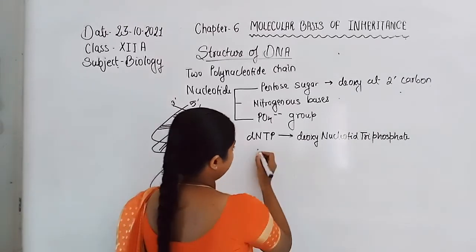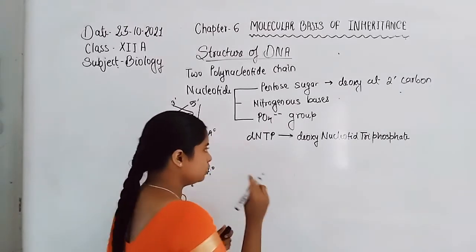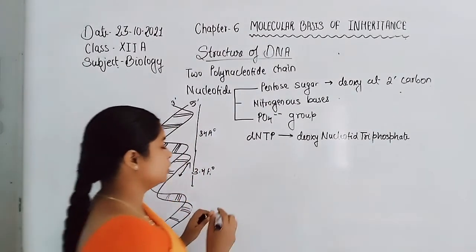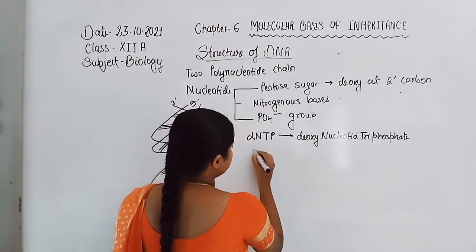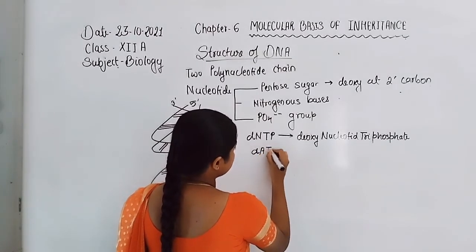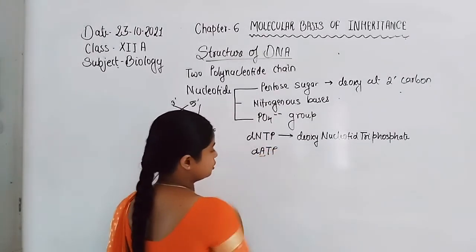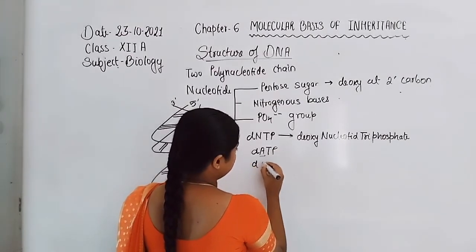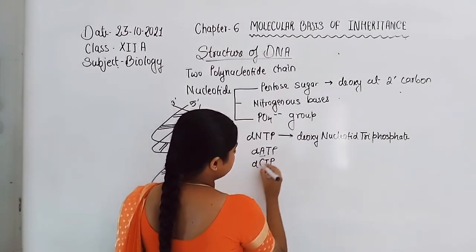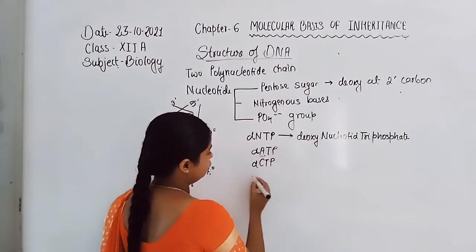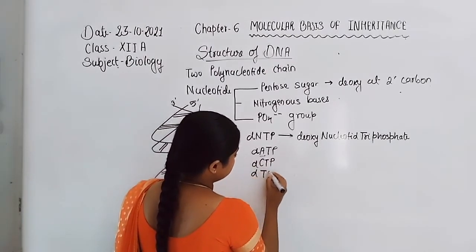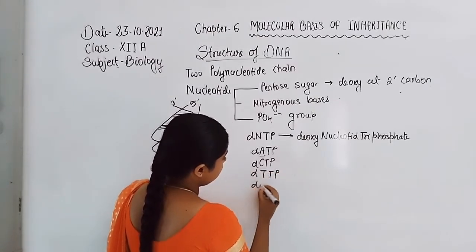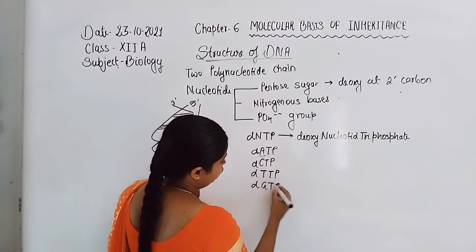Now if we denote all the purines and pyrimidines in the deoxy form, they are always written as deoxyadenosine triphosphate, dATP, deoxycytosine triphosphate, dCTP, deoxythymine triphosphate, dTTP, and deoxyguanosine triphosphate, dGTP.